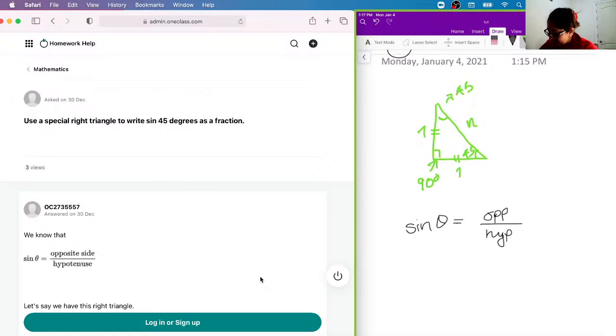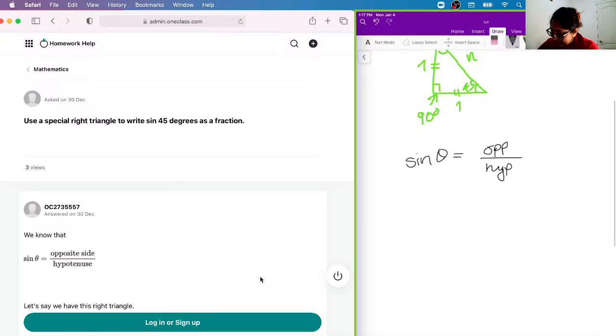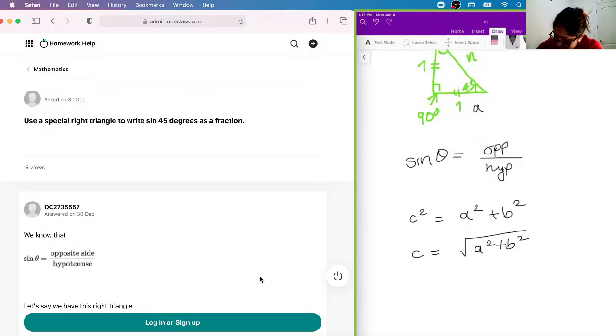Since we don't know the hypotenuse, the way to find it is to use the Pythagorean theorem, where c squared is equal to a squared plus b squared, so c is equal to the square root of a squared plus b squared. This could be your a and this could be your b. We just plug in the values: 1 plus 1, you get the square root of 2, right? So c is equal to square root of 2.